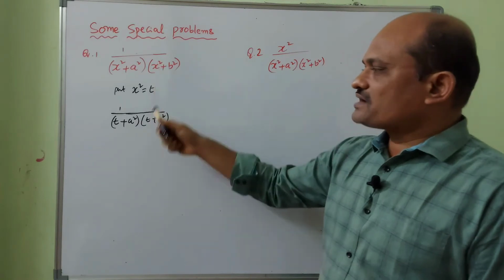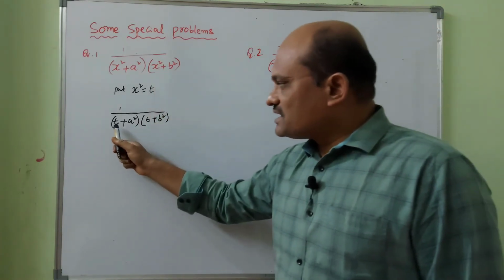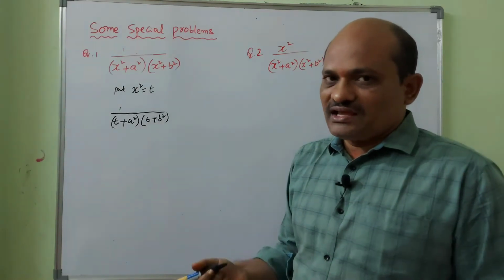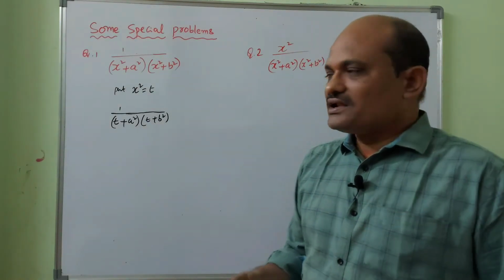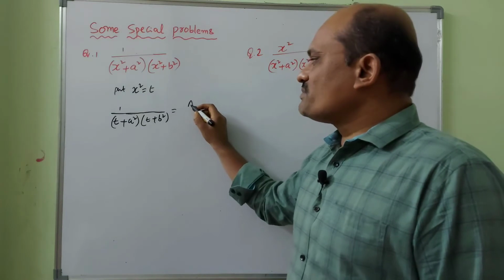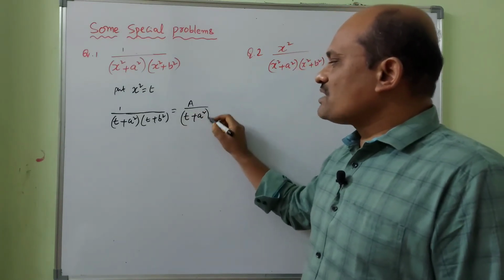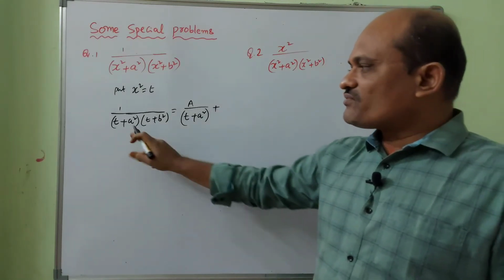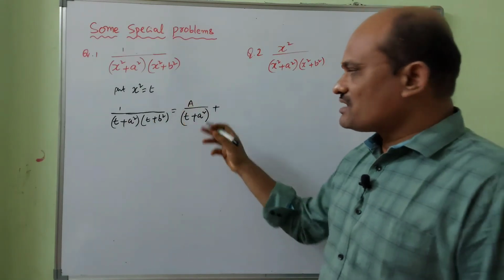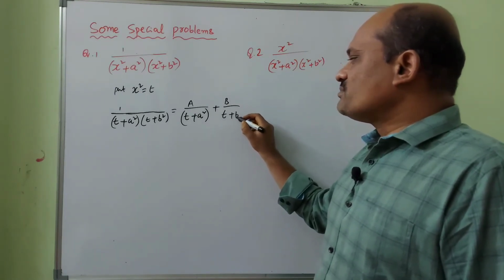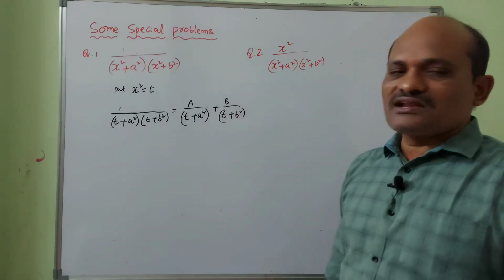Now because here is t, these are the factors in terms of t which are first degree. So the partial fractions can be written as A by t plus a square. Remember, a square and b square are constants. For first degree factors, the partial fractions are A by t plus a square, B by t plus b square. These are the corresponding partial fractions.